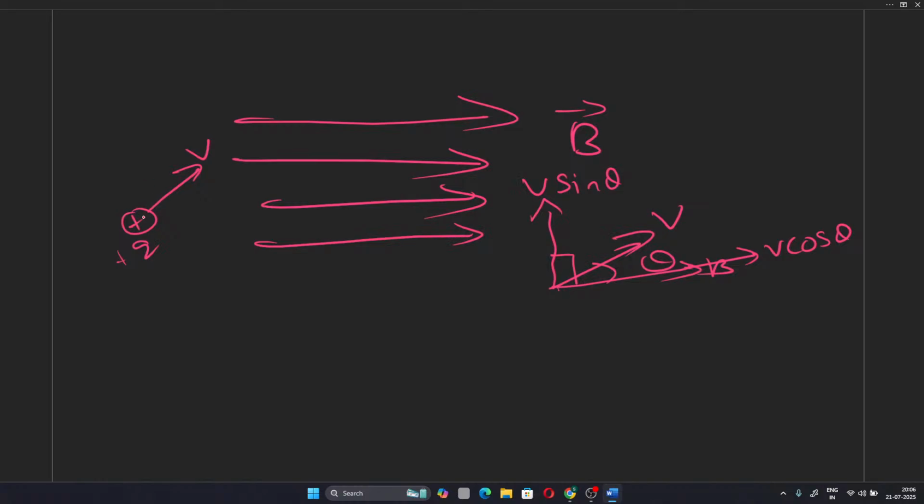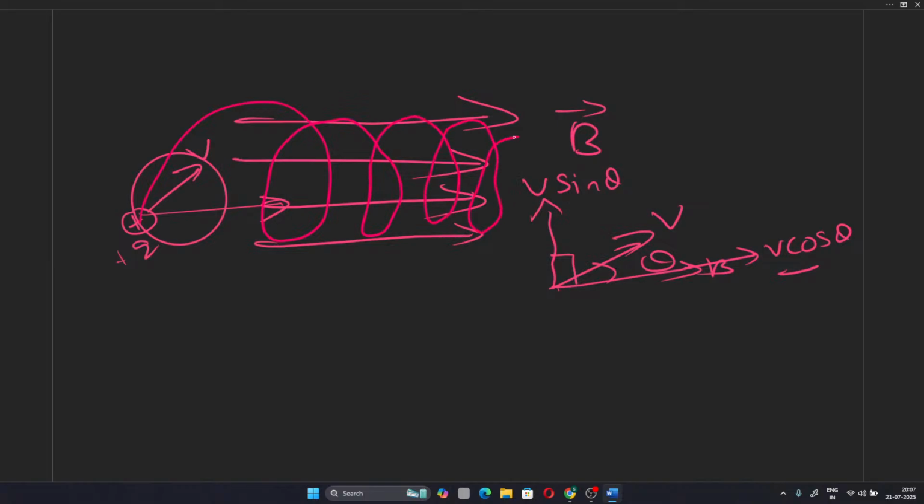Due to the v sin theta component, the particle will undergo circular motion, but the v cos theta component remains unchanged. So due to the mixture of circular motion and linear motion, a helical path is created, like this.